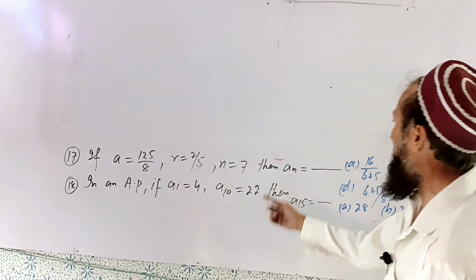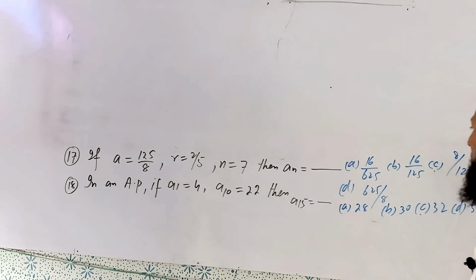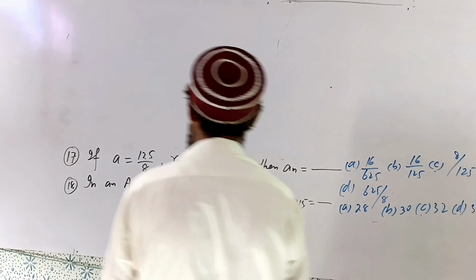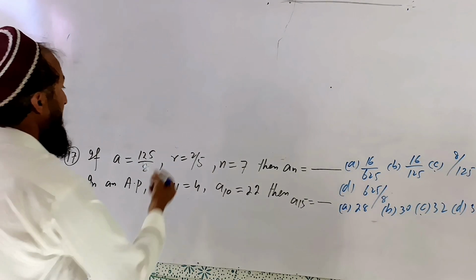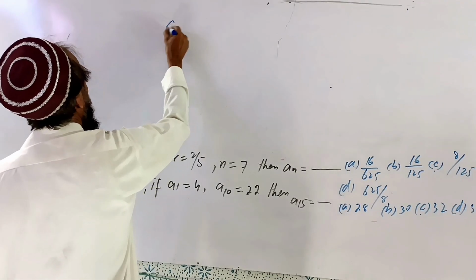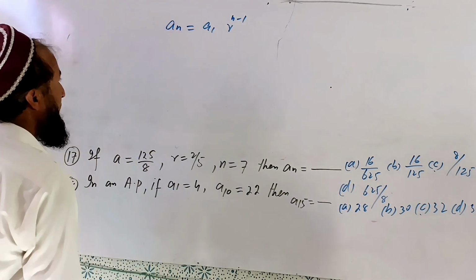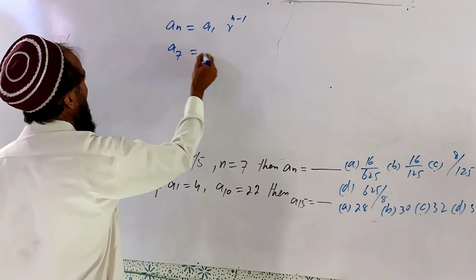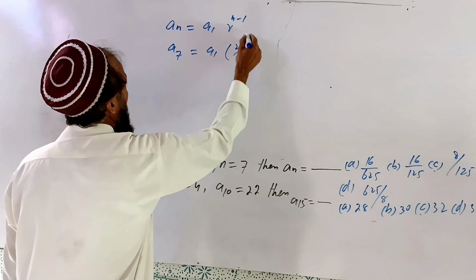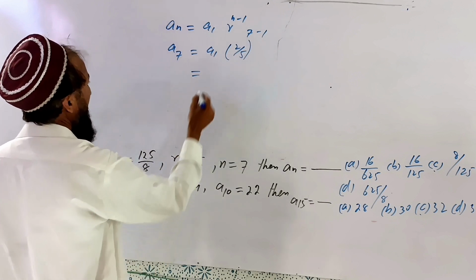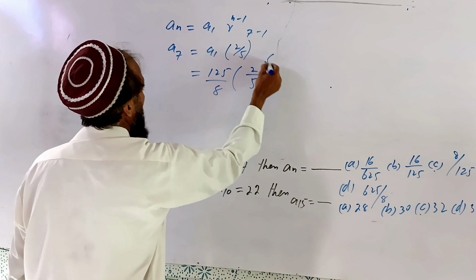The common ratio is given, n is the number of terms, 7, then the general term is required. What is the general term? We write an equal to a1 r to the power n minus 1. This is a geometric series, and here a7 is required. a1 and r are given: a1 is 125 divided by 8, and r is 2 divided by 5, to the power 7 minus 1, which is 6.